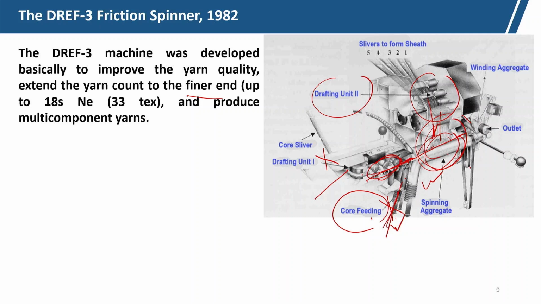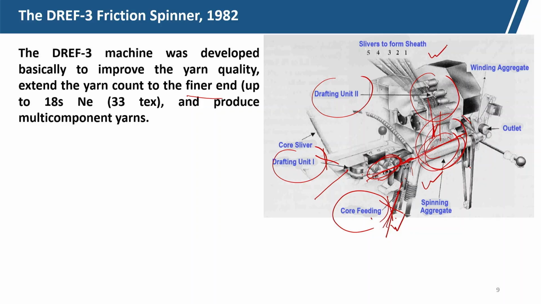Either they are slipping over that, or there is a false twist, particularly for the drafted strand in the core, they are being locked by the sheath.